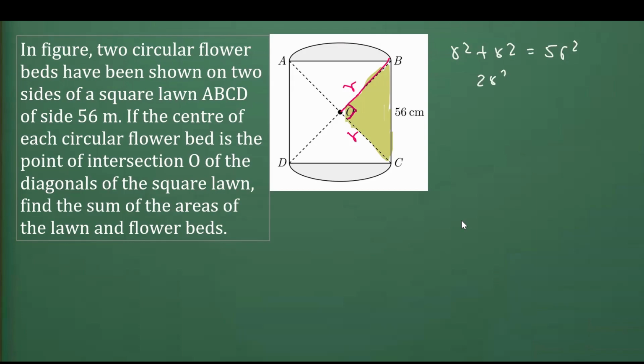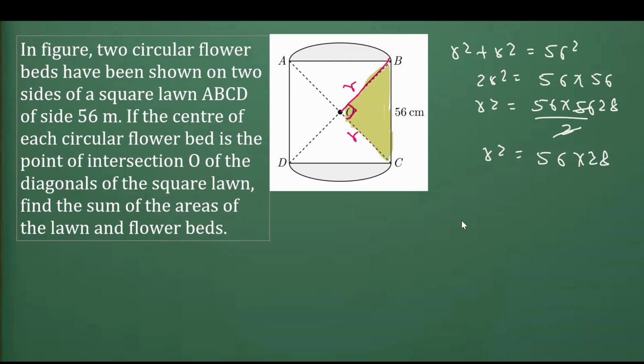So that means 2 times r square is 56 into 56. And if I get r square only, it should be 56 into 56 divided by 2, right? So on reducing, I'm getting this as 28. So let's keep it like this only, because it's related to area and we may need r square only. We will figure out whether we need r or not later in the question.